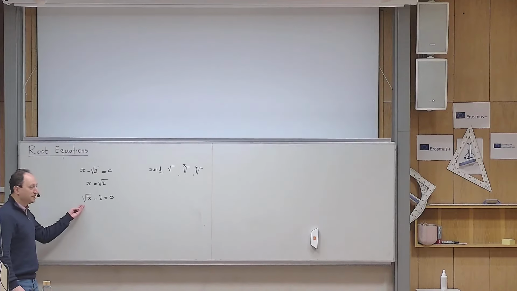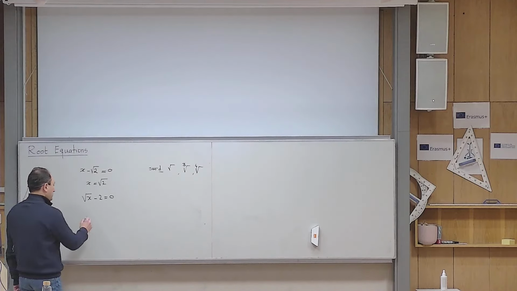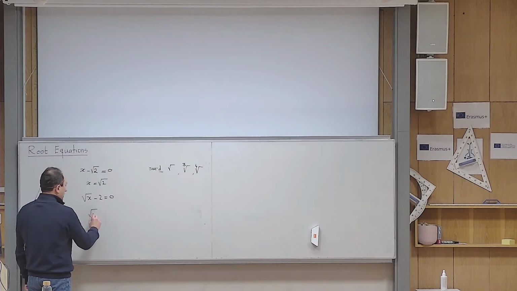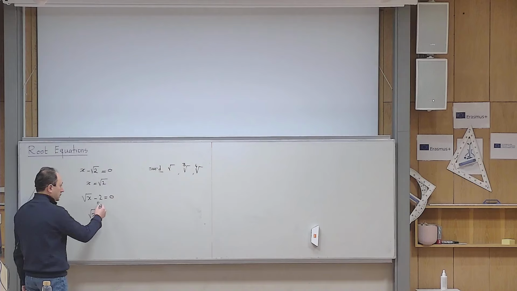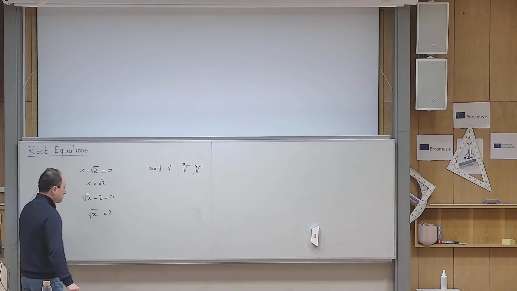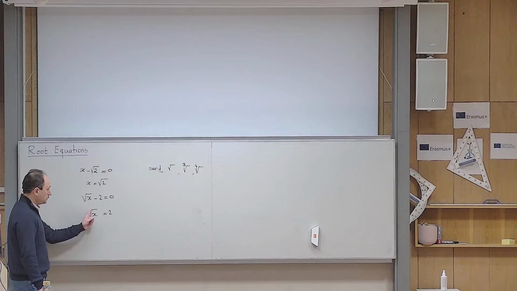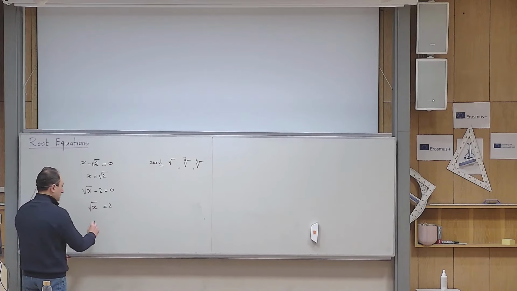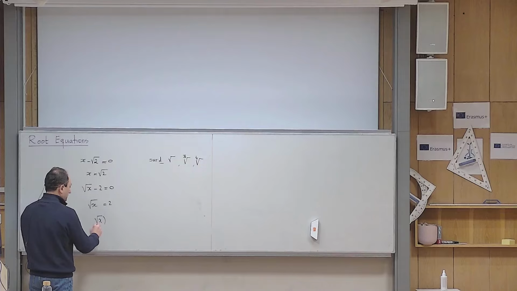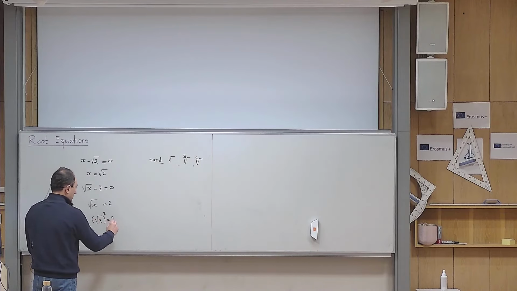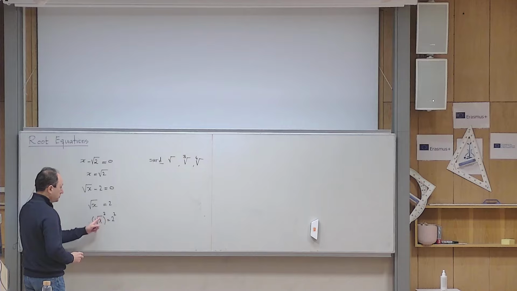So this is the general strategy, but it is not always that simple. Of course, this is an E-level question in the book. So if you want to solve it, you try to isolate your unknown, again as before. But to isolate x, you have to get rid of this third sign. So then you raise both sides to power 2, and this power of 2 helps us get rid of the third sign.